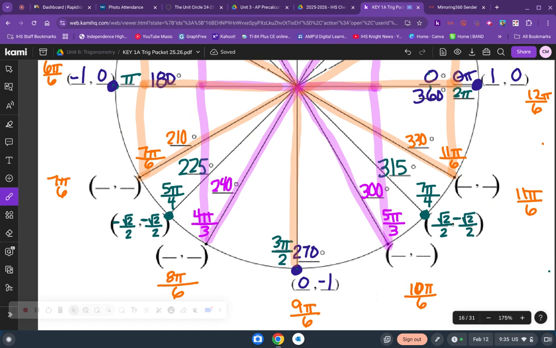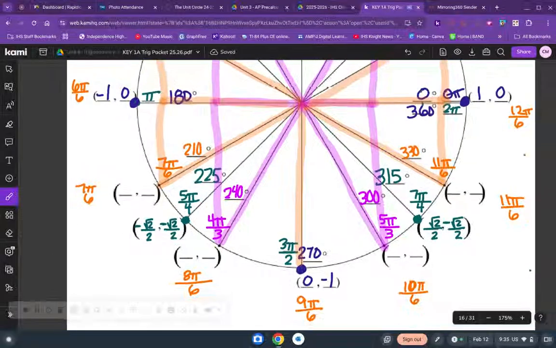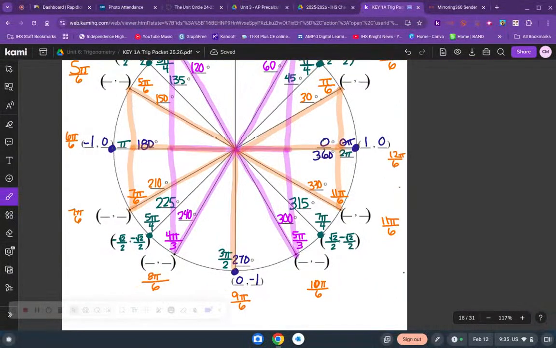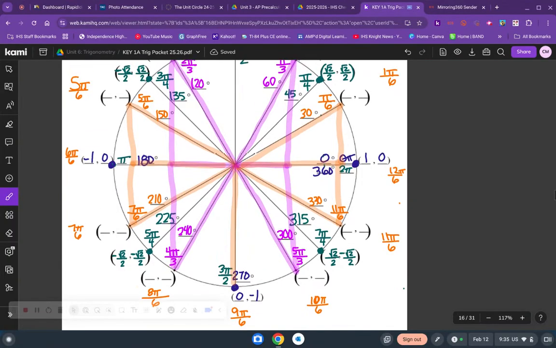So it's kind of up to you. I don't necessarily love memorizing things that can't attach somewhere in my brain to something else. So when I first started to learn this, this is how I would fill out my unit circle every time. I would count my way around with my degrees, count my way around with my radians, and then go back and fill in the coordinates. There's tons of different tricks and strategies.